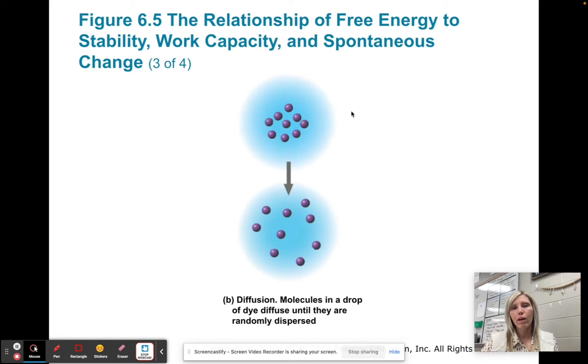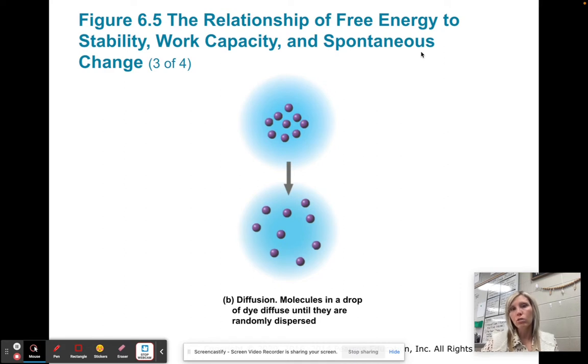Okay, this one I like. This one you can think of like dropping food coloring into a beaker of water. We would probably assume that over time those drops of food coloring would spread out naturally, or diffuse, throughout the solution. So it says molecules in a drop of dye diffuse until they are randomly dispersed. This again is an example of a spontaneous reaction.